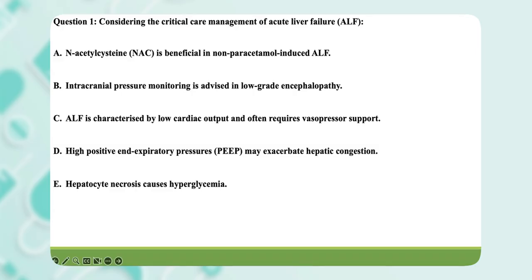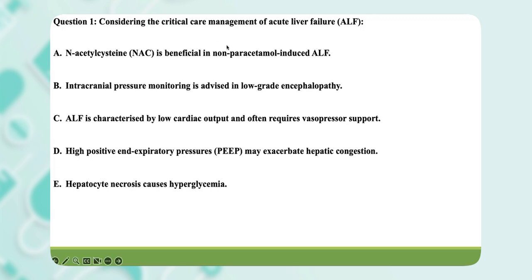Yeah, so let's see. Shrikant Koti has given an answer. This is a K-type question, so you have to answer in a true-false manner. N-acetylcysteine is beneficial: true.